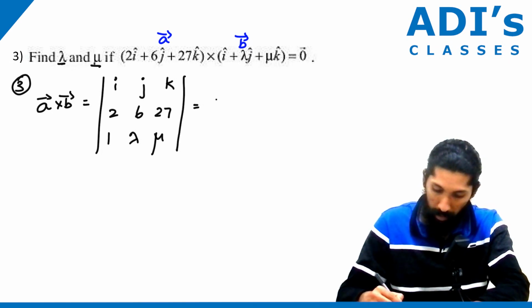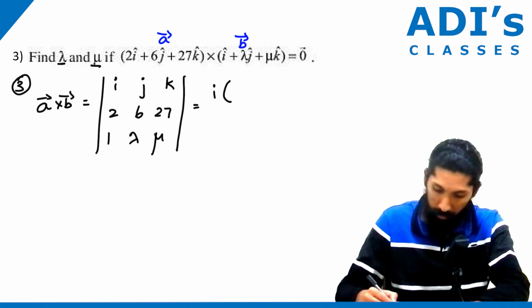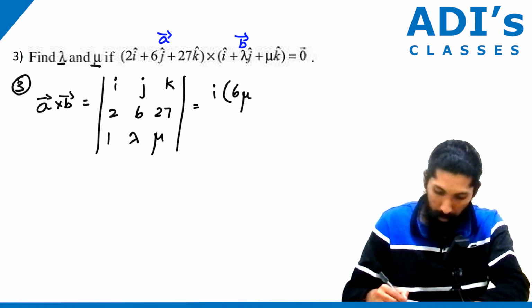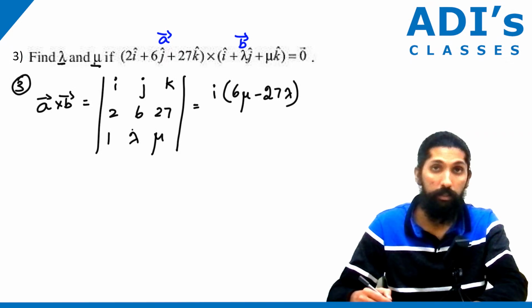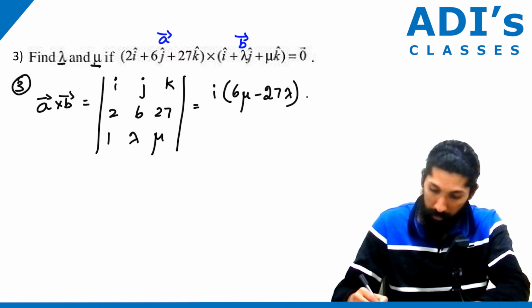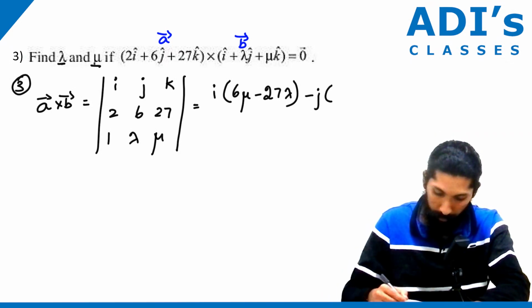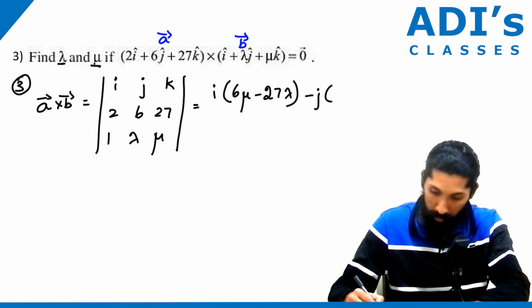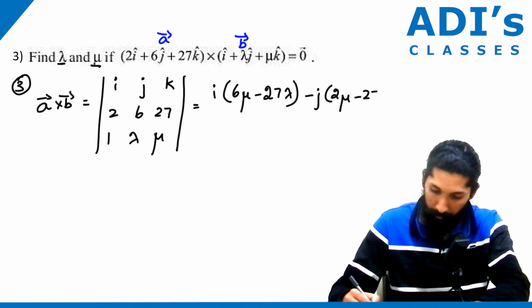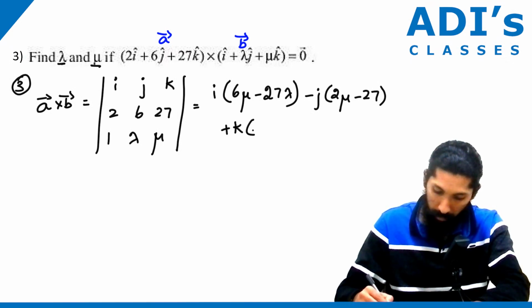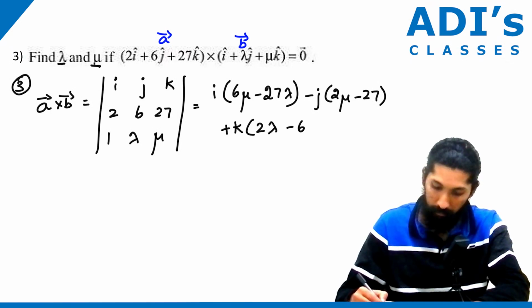So this becomes i into 6 mu minus 27 lambda. This is the first case, correct? Minus j into, so when you cross j, 2 mu minus 27, plus k into 2 lambda minus 6.